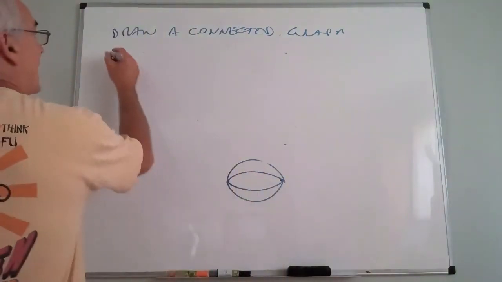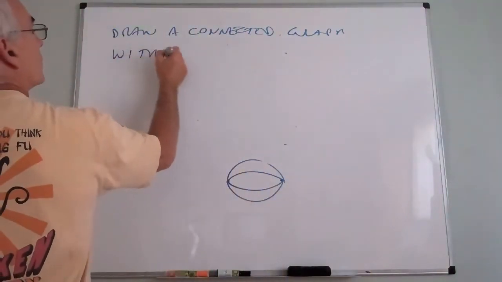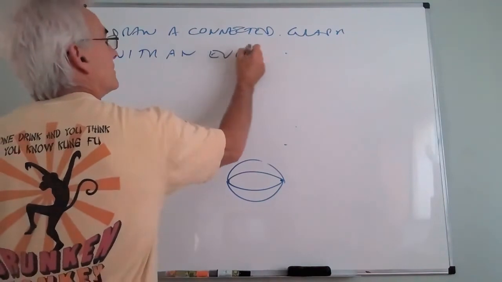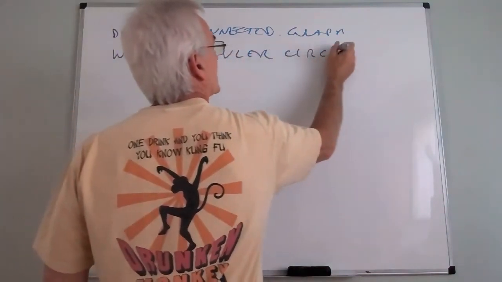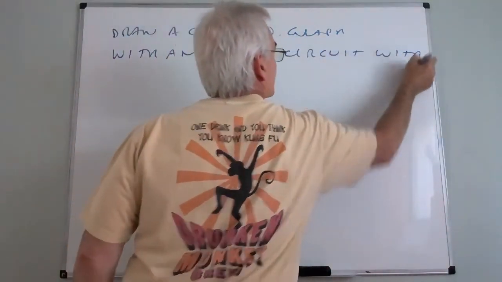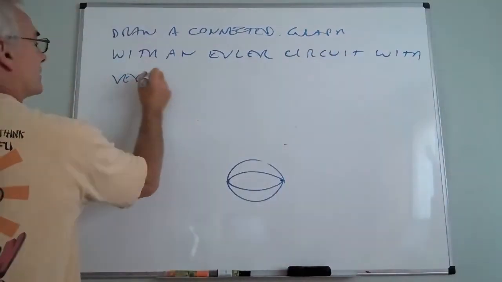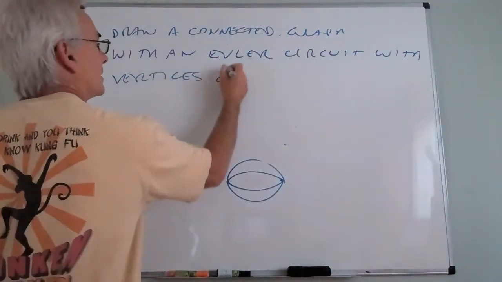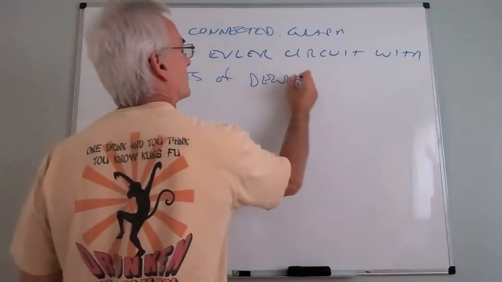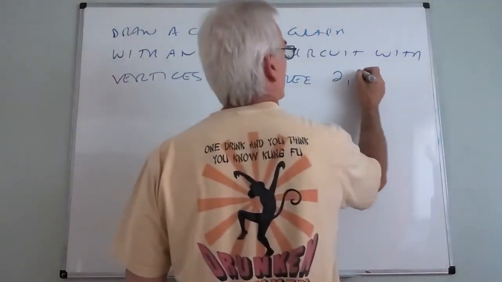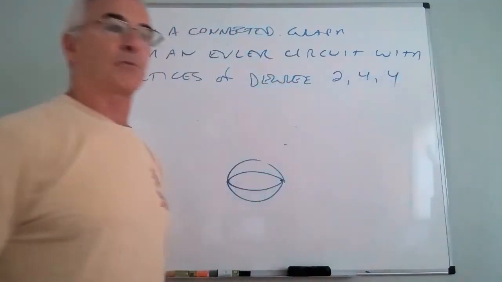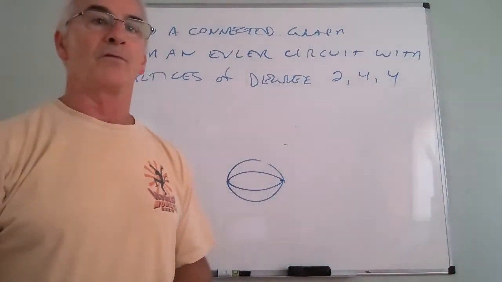A connected graph with an Euler circuit with vertices of degree 2, 4, 4. So I have 3 vertices and their degrees are 2, 4, and 4.